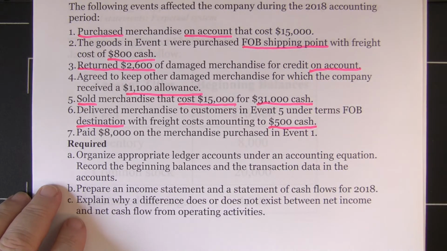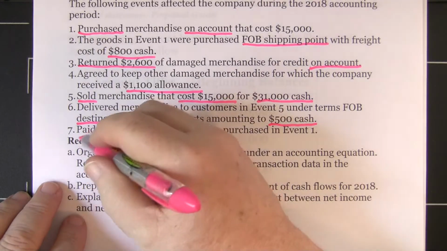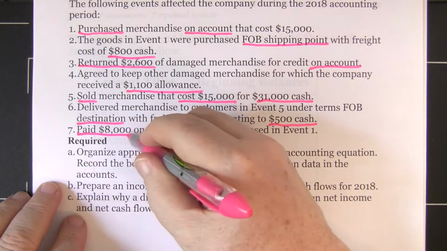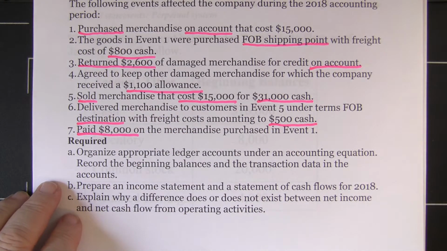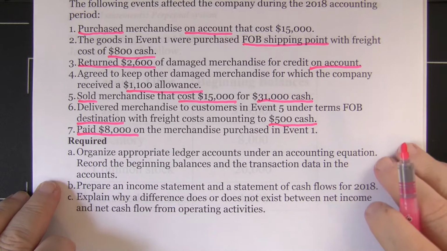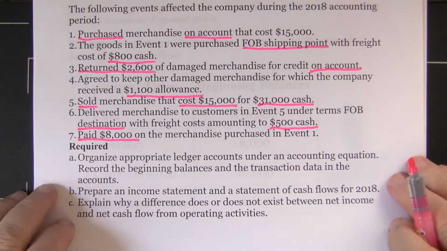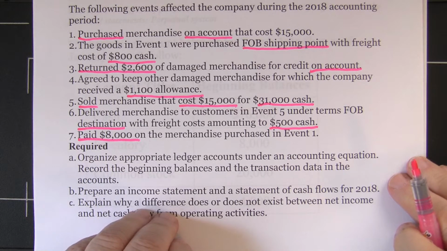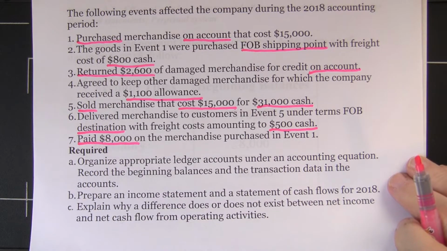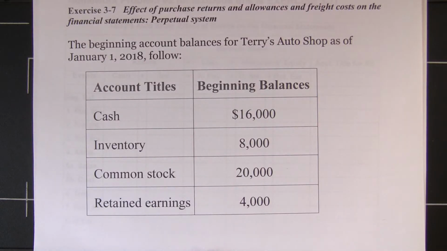It also means we get to pay the shipping. And the last event says we paid $8,000 on the merchandise that was originally purchased back in event number 1. And event number 1, as you now know, is not really an event, it's a transaction.